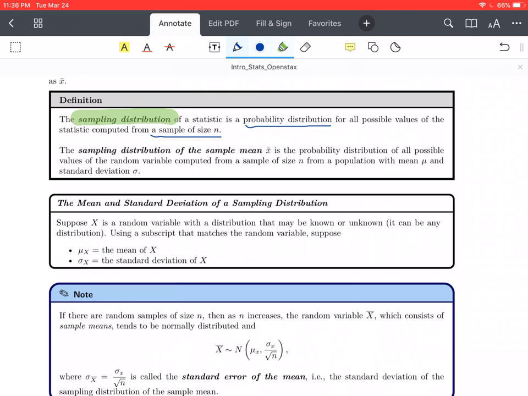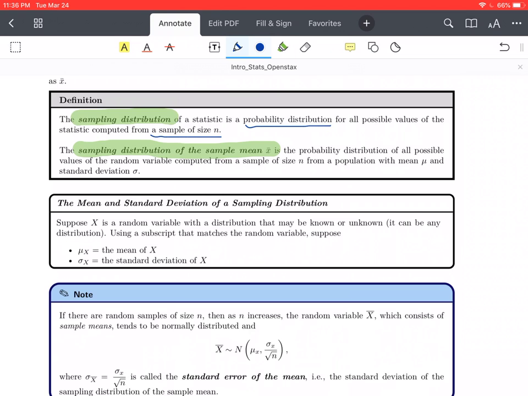The sampling distribution of the sample mean is the probability distribution for all possible values of the random variable computed from the sample size n. So basically, when we're looking at the sampling distribution of the sample means, I have my whole population, say 1,000 people, and I get a sample of 100, and I find out what the mean is from that sample of 100 people.